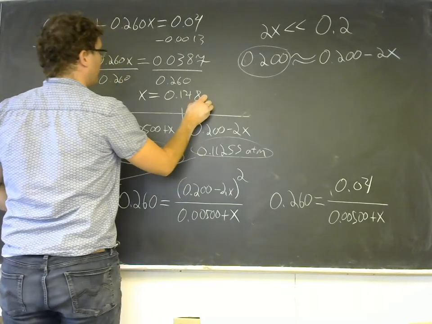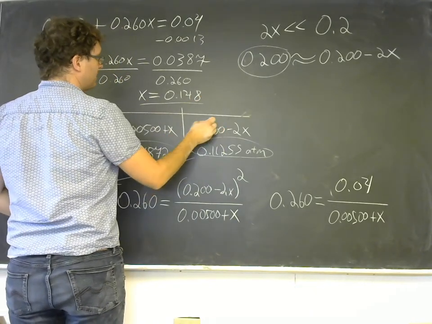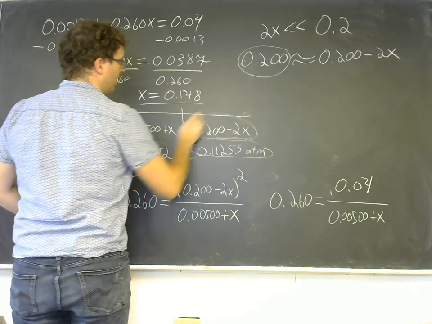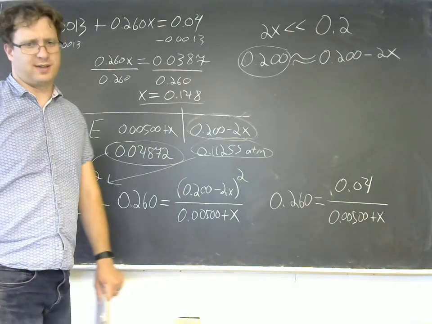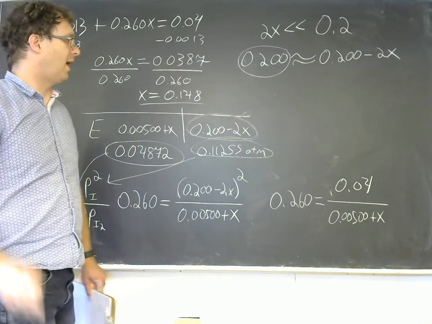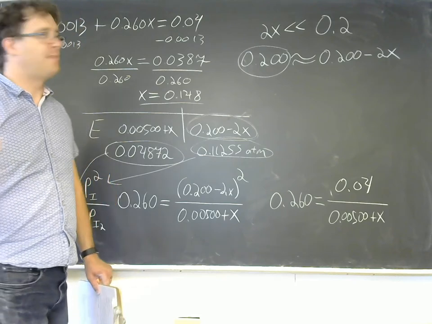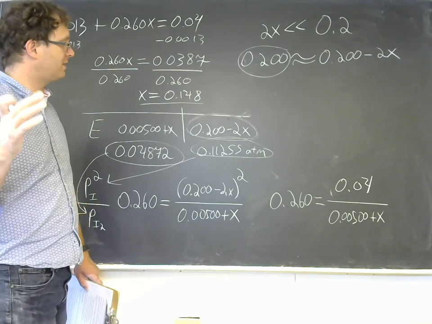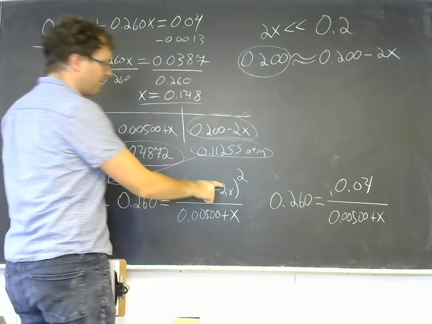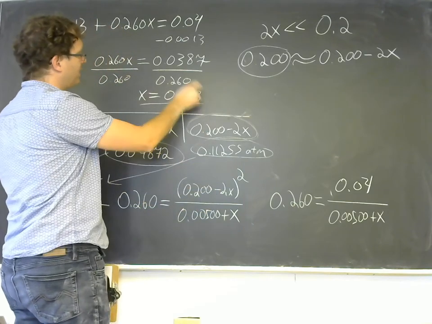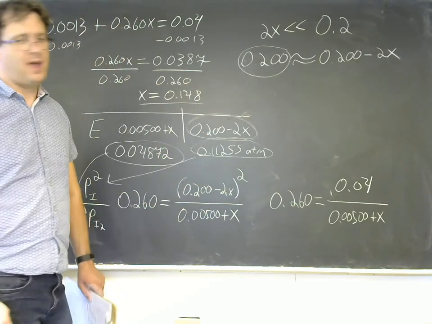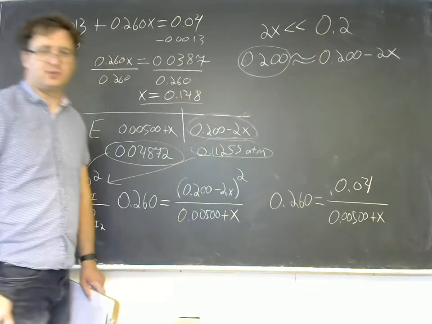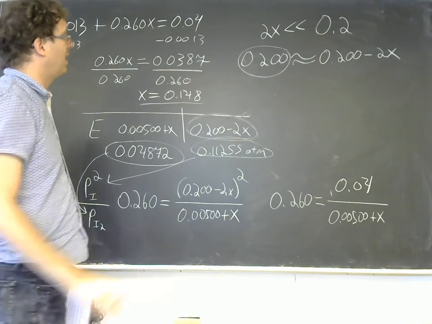This 0.148 as a value for x is nonsensical in the context of the 0.200 minus 2x. That would give us a negative value again. And I apologize, I gave you a false setup because in this case, that assumption that we made here has given us a nonsensical answer. In fact, 2x is not small compared to 0.2.